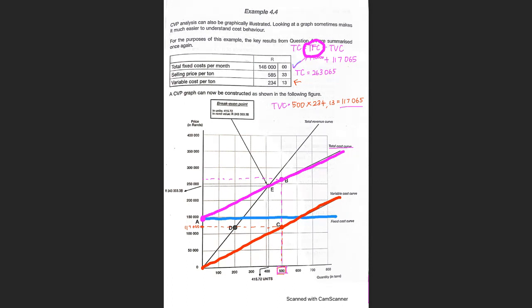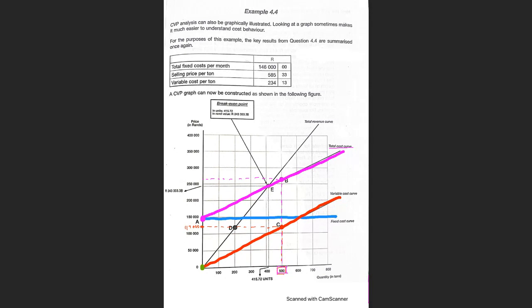And then the last one is your total revenue curve. It is the same idea as your total variable cost, where it starts at the origin of zero.